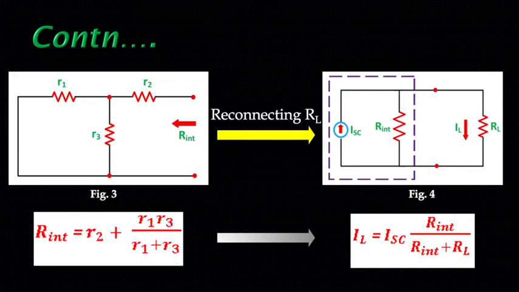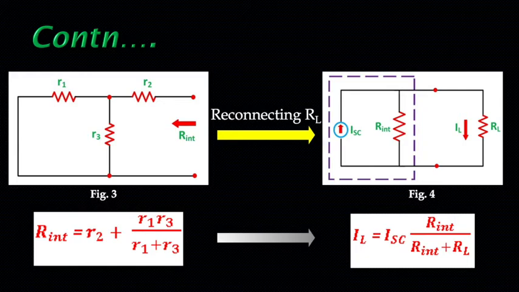As per Norton's theorem, the equivalent source circuit would remain a current source in parallel to the internal resistance, the current source being the short circuit current across the short circuit terminals of the load resistor. The Norton's equivalent circuit is produced by reconnecting RL as per the figure.